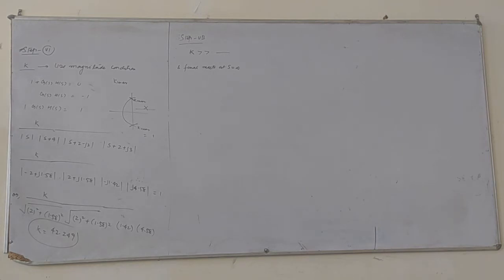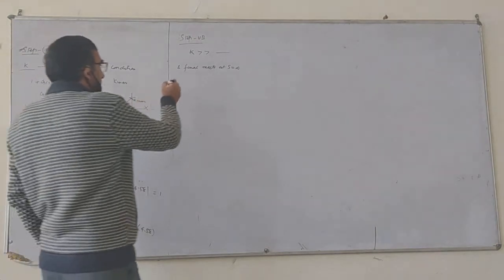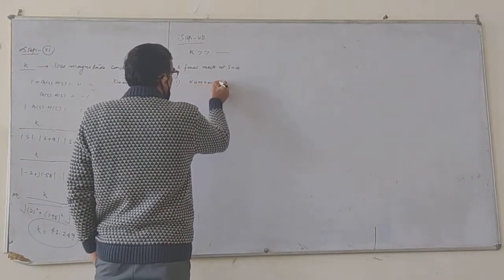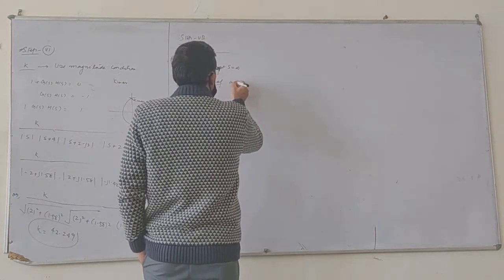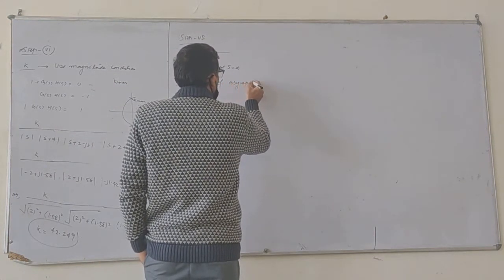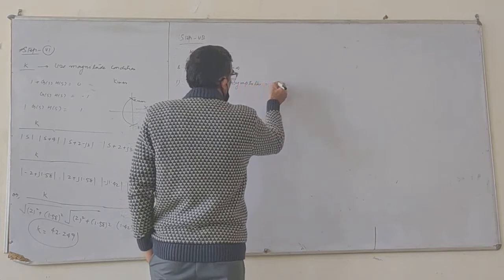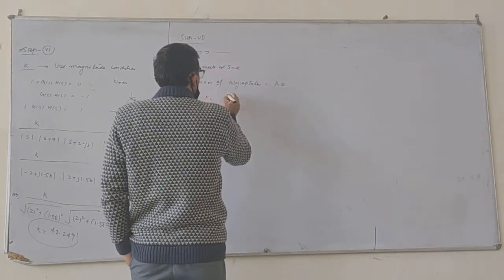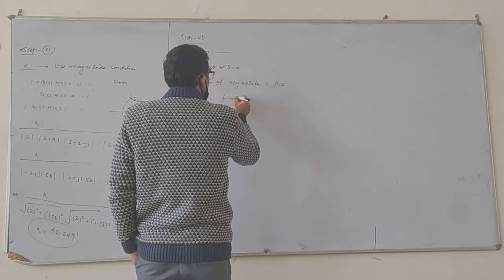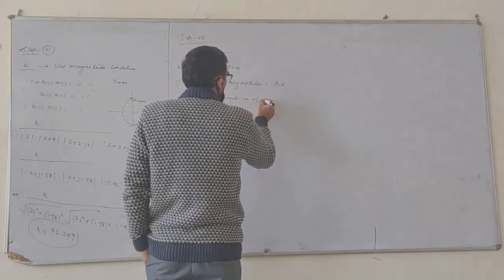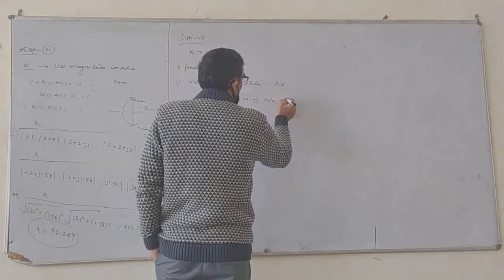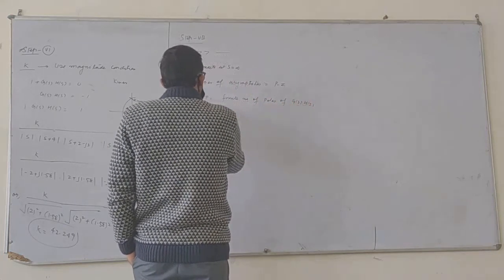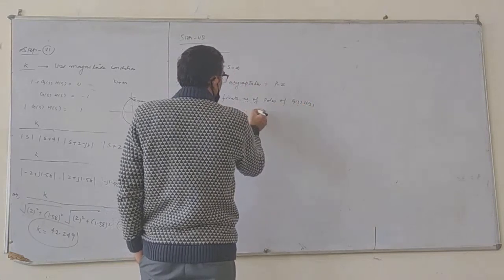Number one, number of asymptotes. The number of asymptotes is equal to P minus Z, where P is the finite number of poles of the open loop transfer function G(S)H(S), and Z is the finite number of zeros.